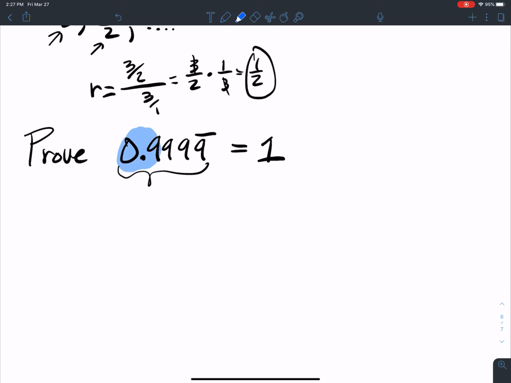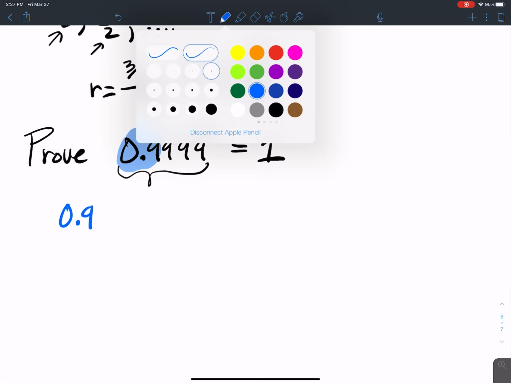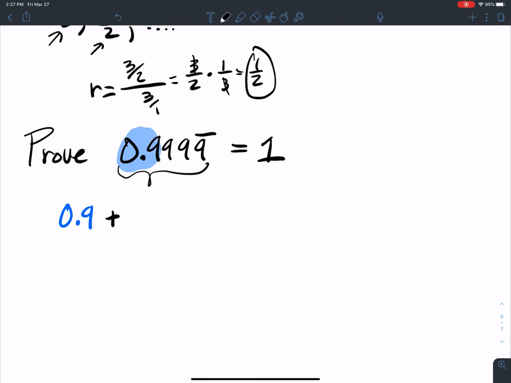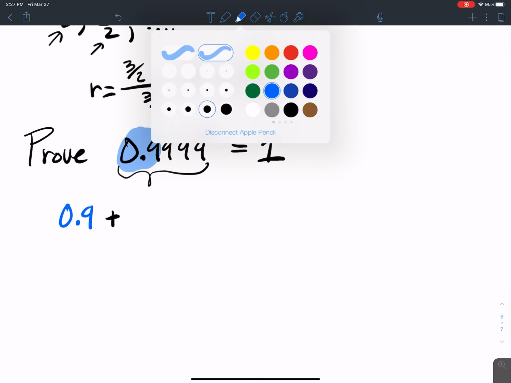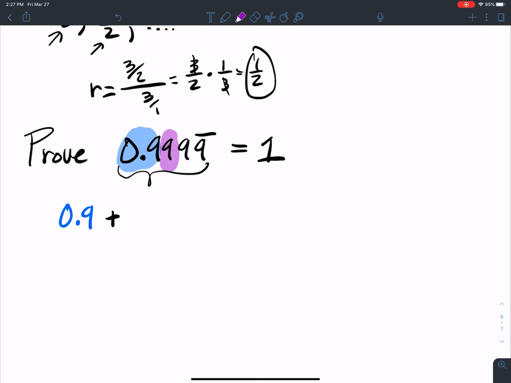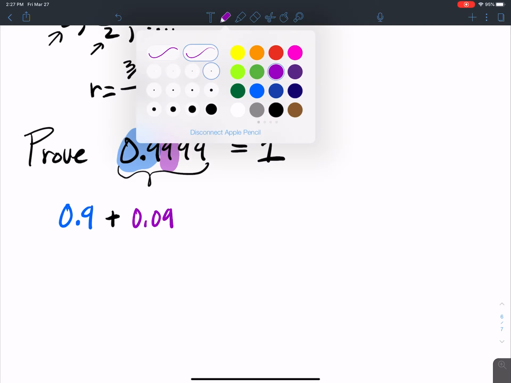Okay? I want to break it up into pieces. The first piece is going to be 0.9. And I'm going to add the next piece. The next piece, I'm going to make it only with this 9 here. So what does that mean? It's going to be 0.09. Okay?